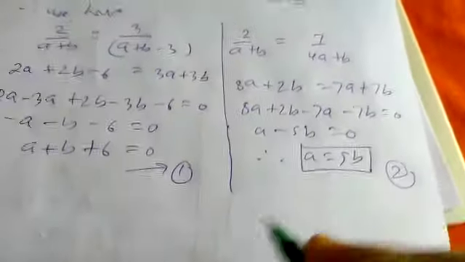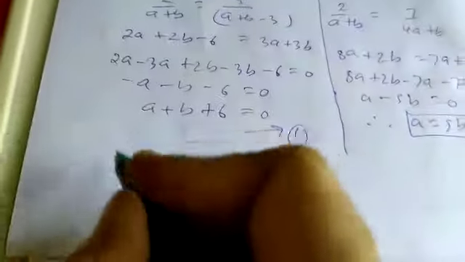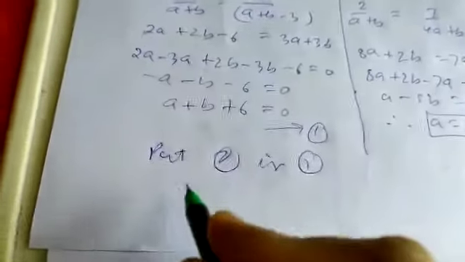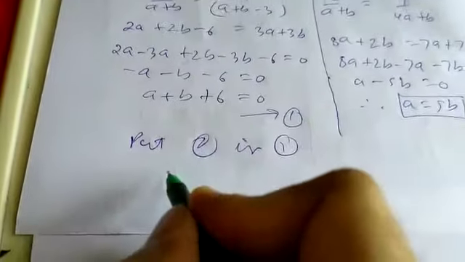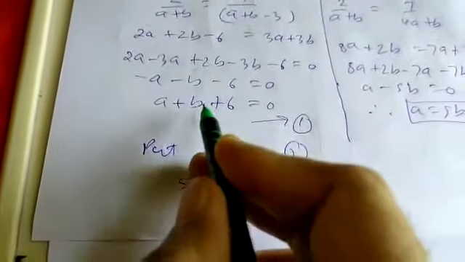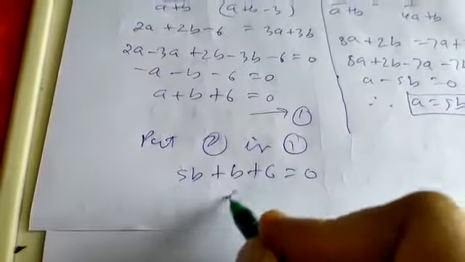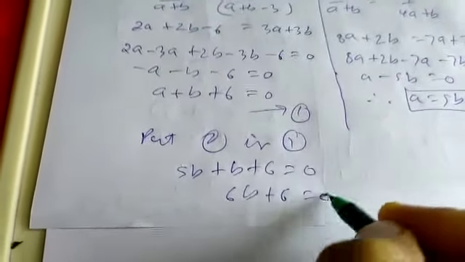Now let us put 2 in 1. What is the value of a? 5b. So 5b plus b plus 6 equal to 0. This will give us 6b plus 6 equal to 0.